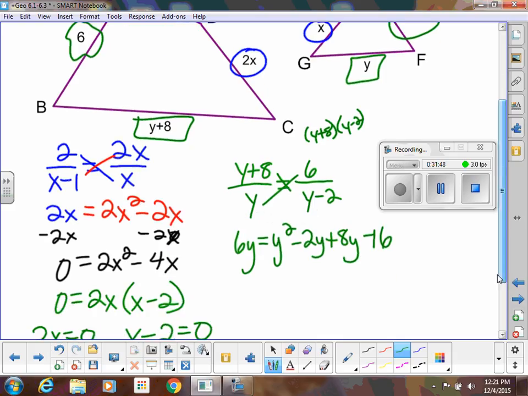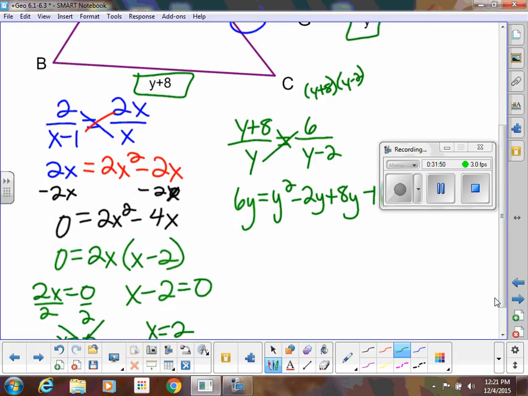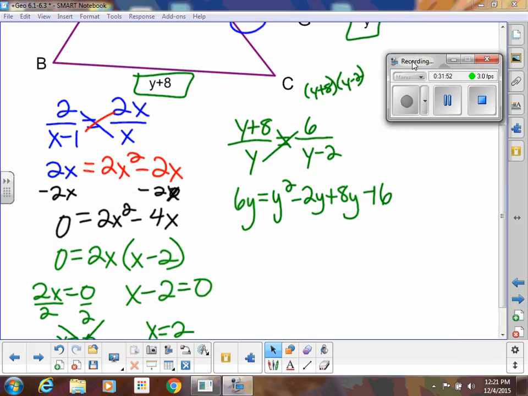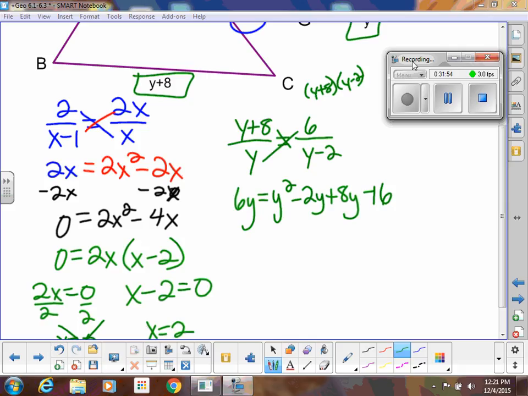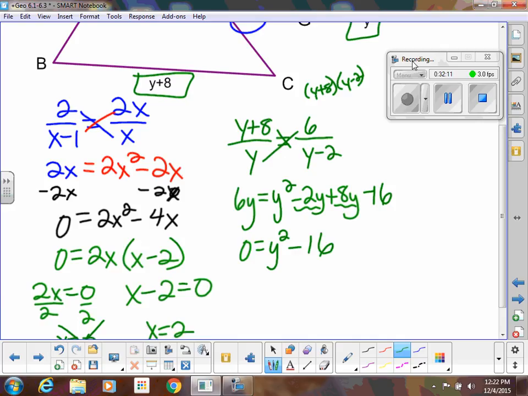And now we got to get everything on one side equal to 0. All right, so I'm going to subtract that 6y. That leaves me with, let's see, these two combine to give me 6y. And then what happens is I have a positive 6y, and then I'm going to subtract that 6y, so there are no more y's. And then I just have minus 16.